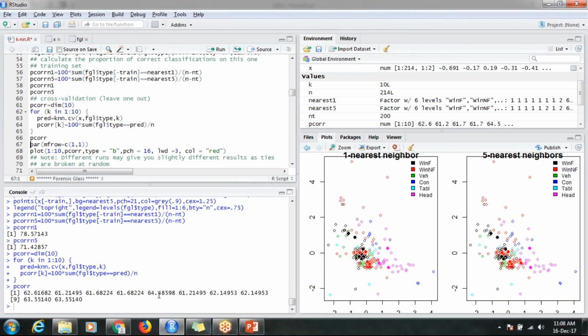So here I am getting a better number. This is 1, 2, 3, 4, 5. Yes, for 5 I am getting the highest percentage.